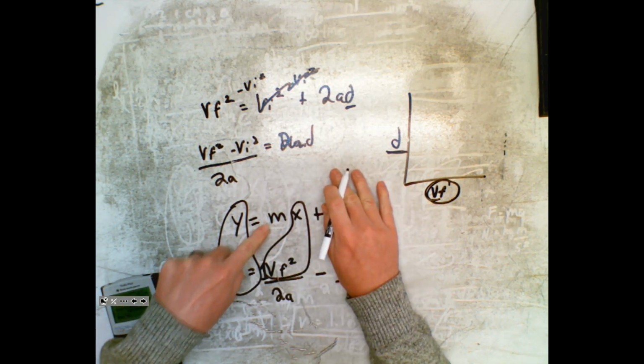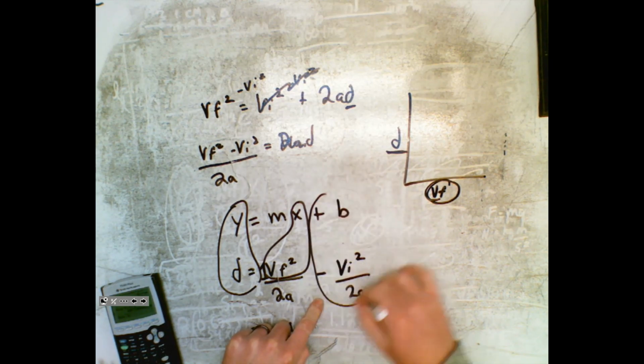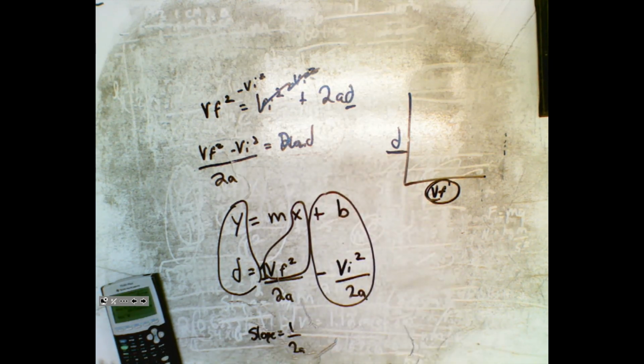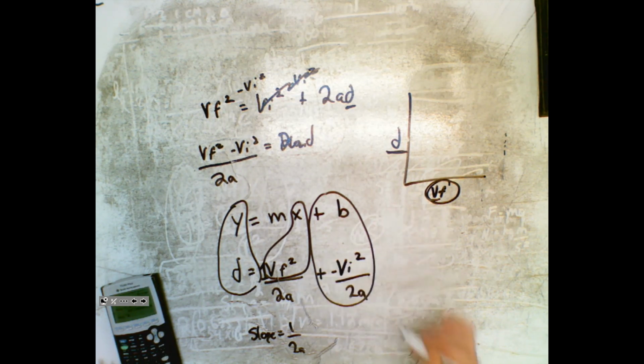My slope is equal to 1 over 2a, like that. And then this stuff over here is my y-intercept. So instead of saying minus, I'm going to go plus negative so that they're both plus. So b is my y-intercept. And this tells me that my y-intercept is equal to negative vi squared over 2a.